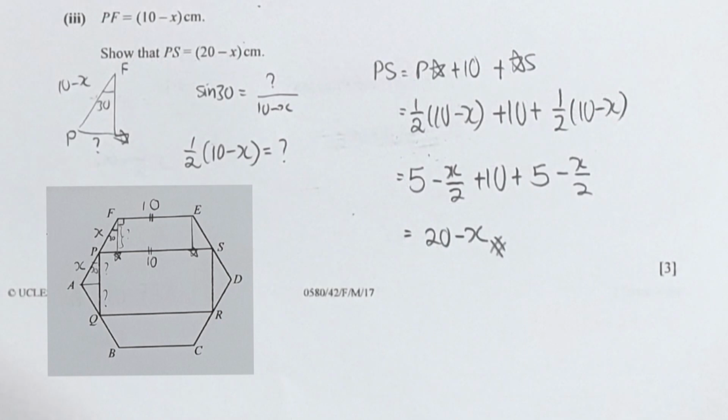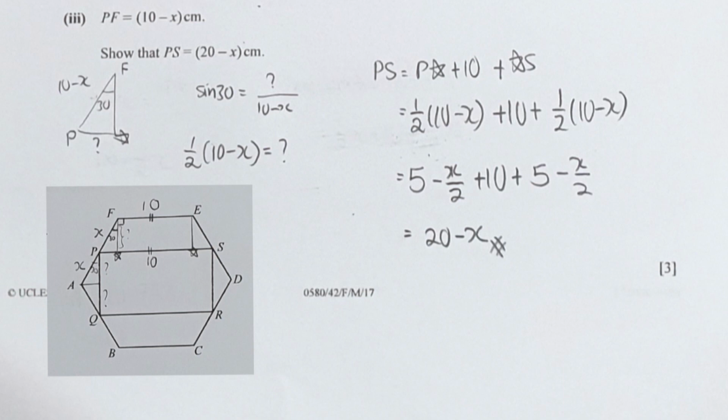For question 3, a different condition was now given. They told you that PF equals 10 minus x. Since you have PF as 10 minus x, I drew another triangle there. The opposite of the 30 is P star, which is unknown, and then we have PF as 10 minus x.